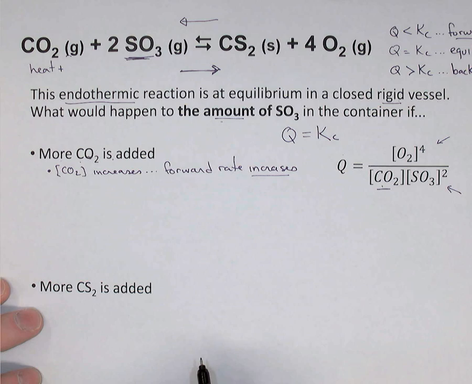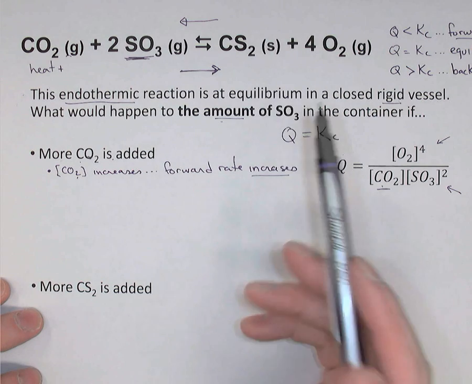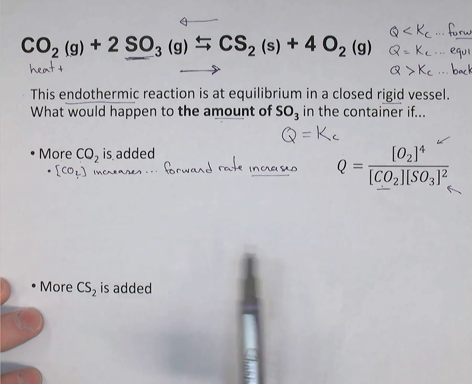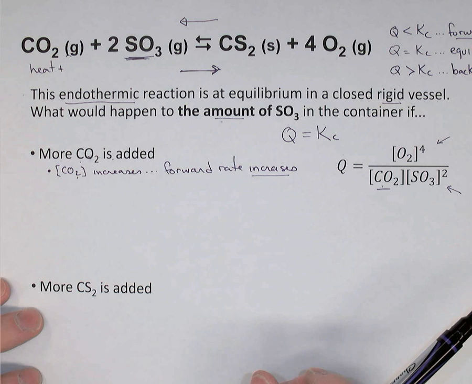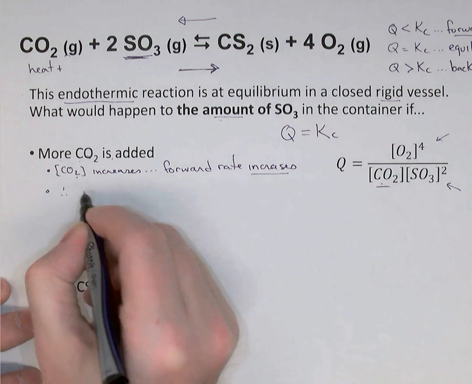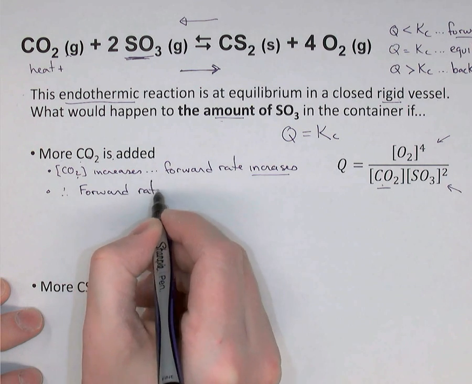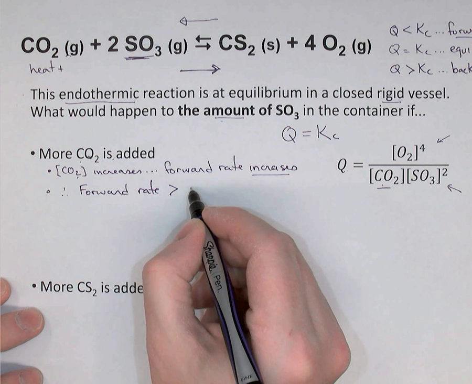Okay, the forward rate increases. Now why is that? Because CO2 is a reactant in the forward reaction. And we remember from our kinetics unit that if you increase the concentration of reactants, you'll increase the rate. So therefore, the forward rate is now greater than the reverse rate.